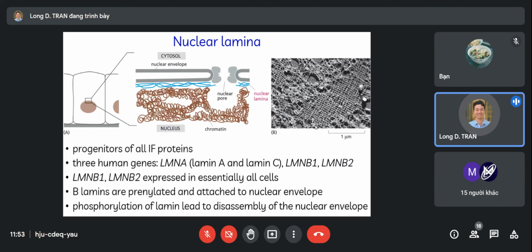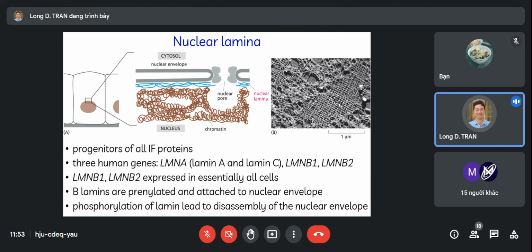The nuclear lamina can be observed in all eukaryotic cells and is formed under the inner nuclear membrane, and it interacts with the chromatin to lead to the formation of heterochromatin in the region of interaction with the nuclear lamina. It forms a regular network, and the assembly of lamins at the end of prophase leads to the assembly of the nuclear envelope.